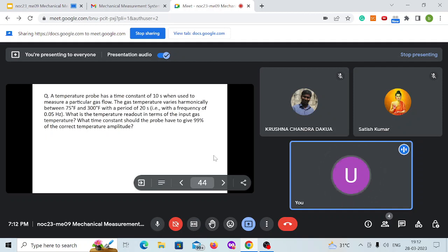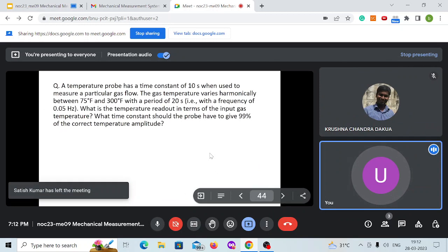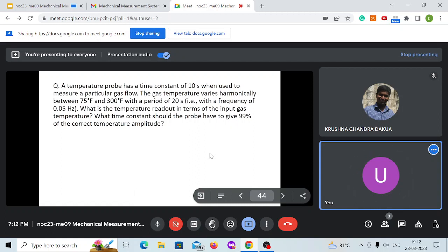So with a 20 second period, the frequency is 1 by 20, which is 0.05 hertz. What is the temperature readout in terms of the input gas temperature? And the next question is, what time constant should the probe have to give 99% of the correct temperature amplitude? So we need to find two things: the temperature amplitude and the time constant.